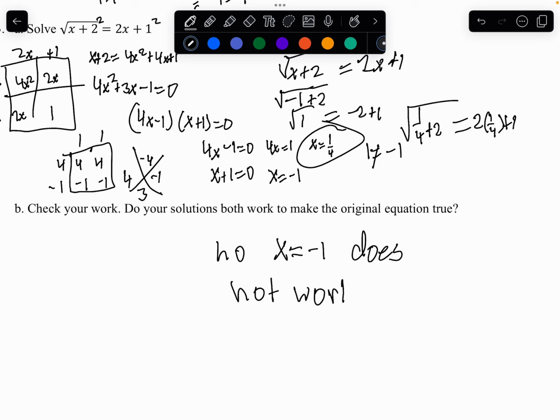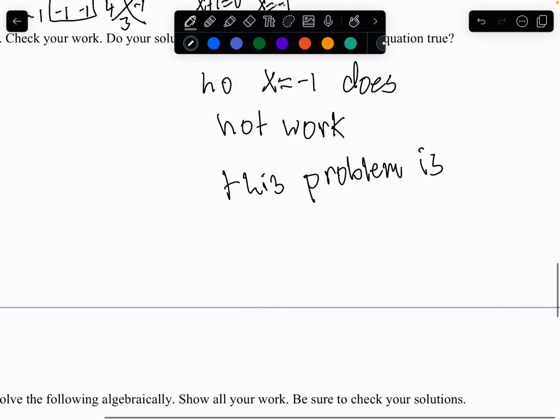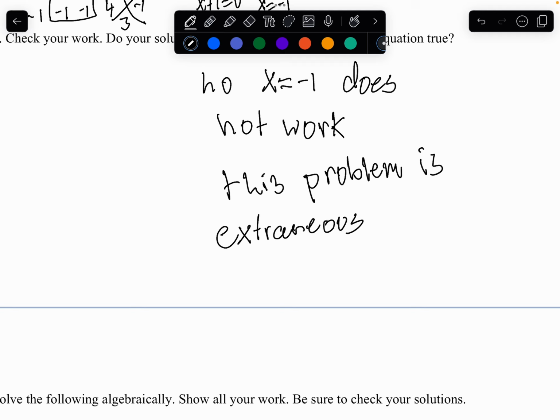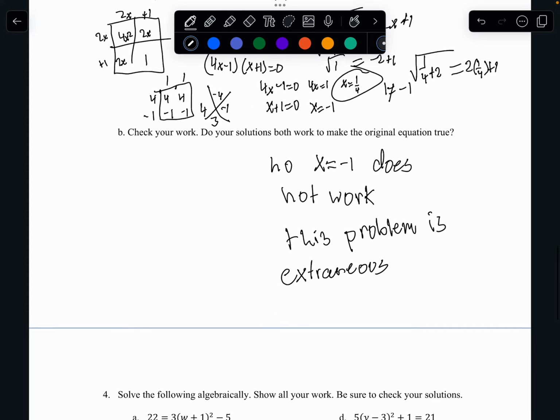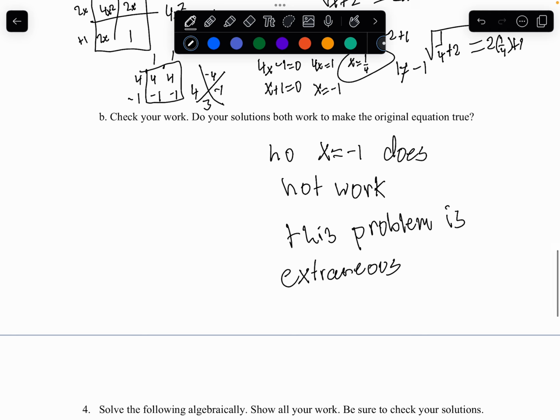And we'll say this problem is extraneous, which basically means only one of the two x values works. So x can only equal 1/4 is our answer.